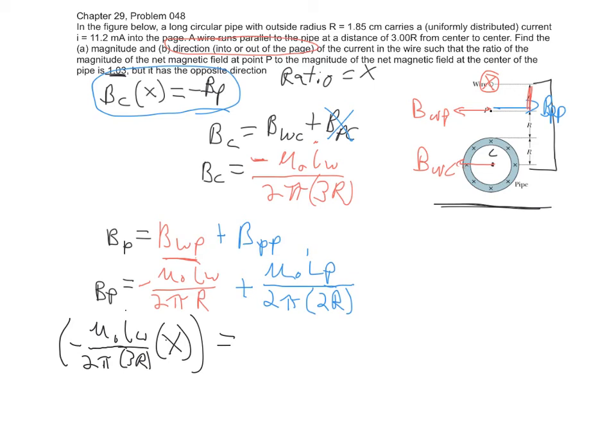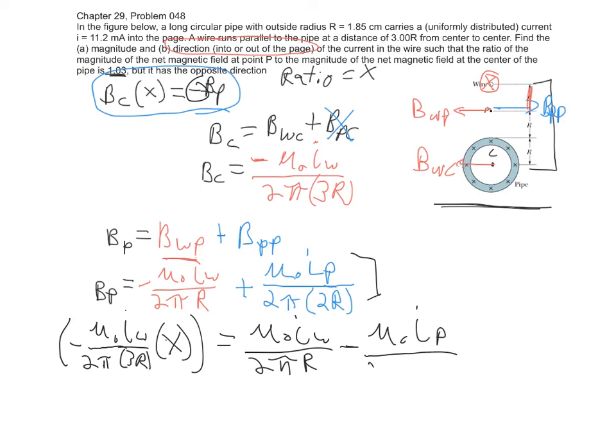The negative sign I'm going to go ahead and distribute, which gives me a positive mu naught I_W over 2 pi r, minus, again distributing that negative sign, this whole term, which is mu naught I in the pipe divided by 2 pi times 2r.